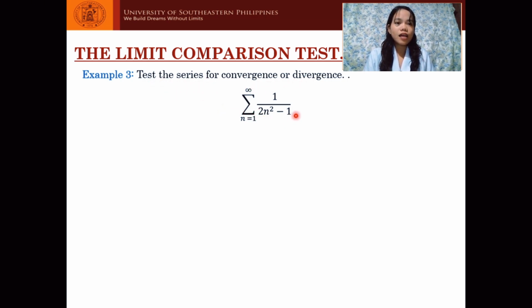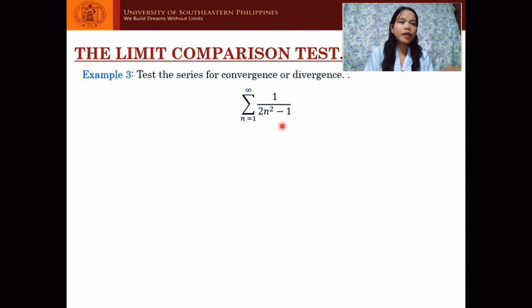As you can see, this series was given earlier, so we cannot apply the comparison test. We should apply the limit comparison test, which is the limit of the ratios of the series. So we have the summation of 1 over 2n squared minus 1, n ranges from 1 to positive infinity.